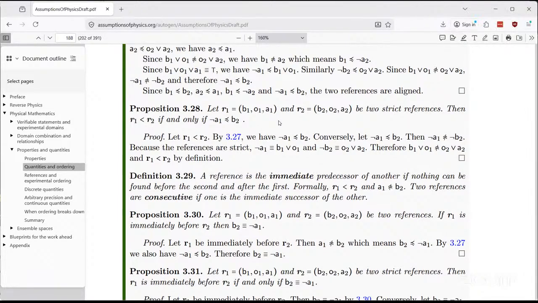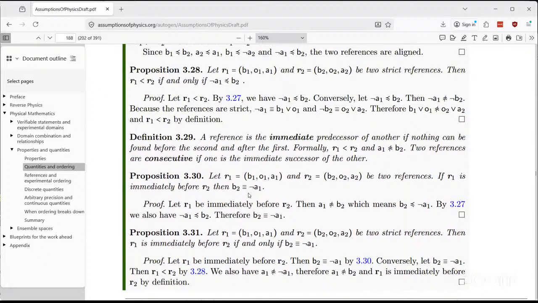Definition 3.29. A reference is the immediate predecessor of another if nothing can be found before the second and after the first. Formally, R1 is before R2 and A1 is incompatible with B2. Is this incompatibility?